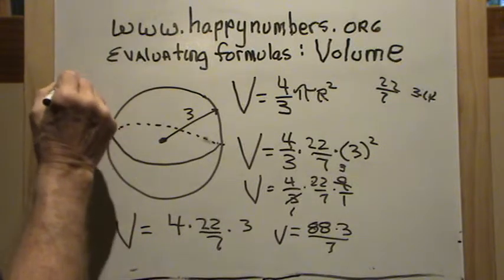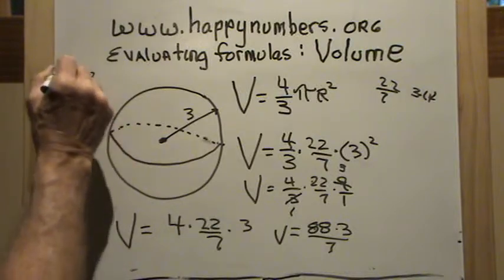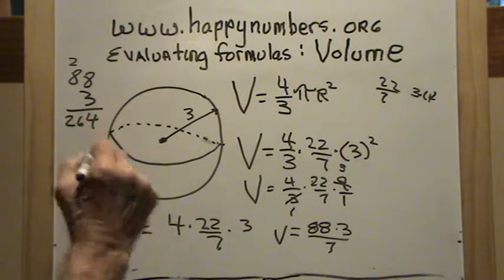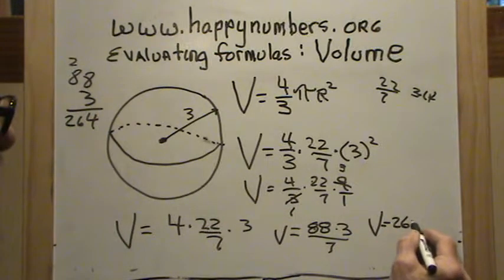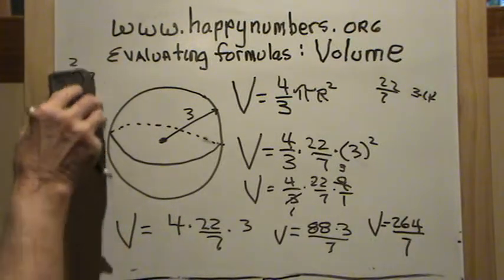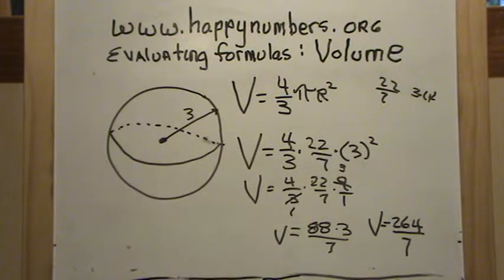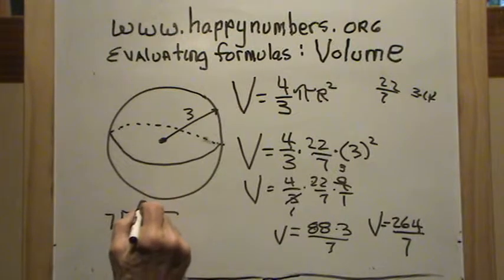Let's do 88 times 3. That's 24. Carry the 2. 24, 26. So then our volume is equal to 264 divided by 7. And let's try that. 7 will go into 26 3 times.